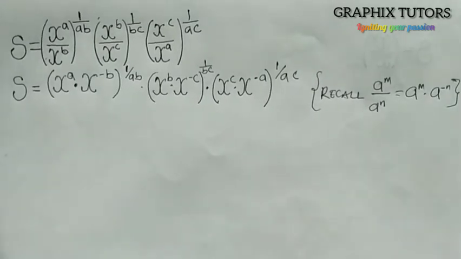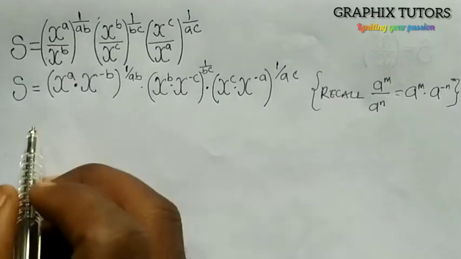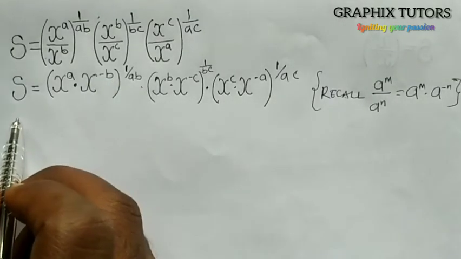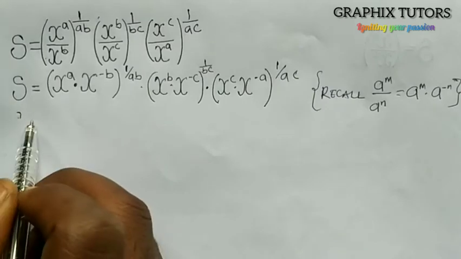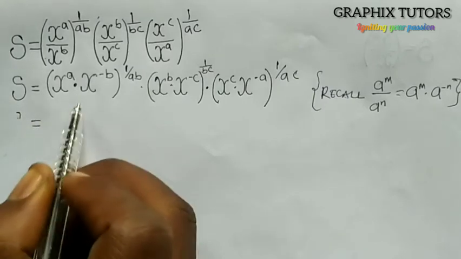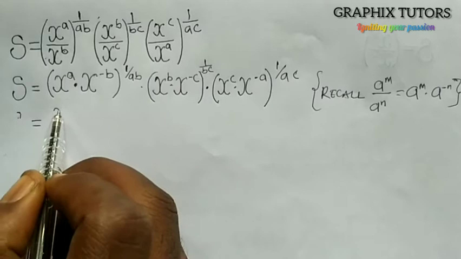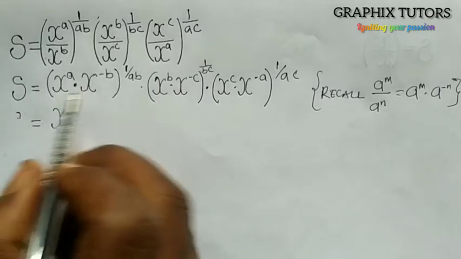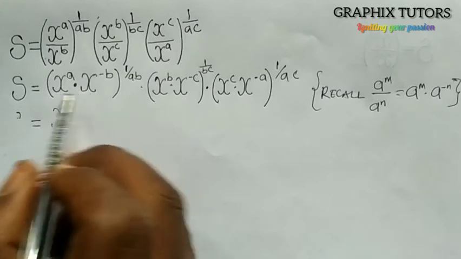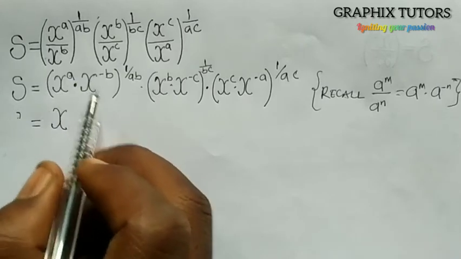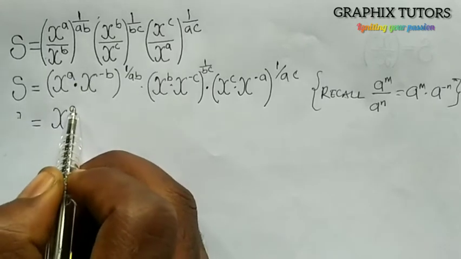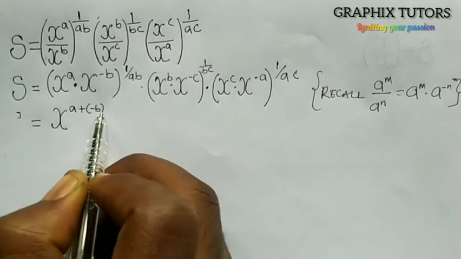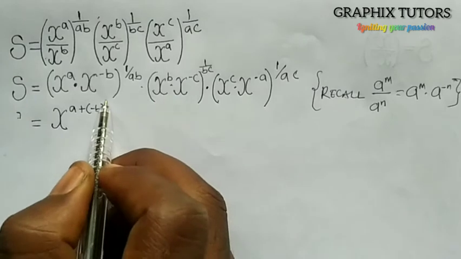So now move forward. Now from here, we have x equals to, this will give me x. When you have two variables that have the same base multiplying each other, you're going to add the power. So this will give me a plus bracket minus b, right? I'll close it up.